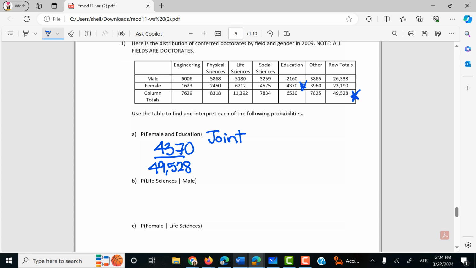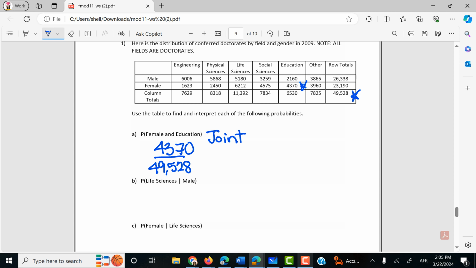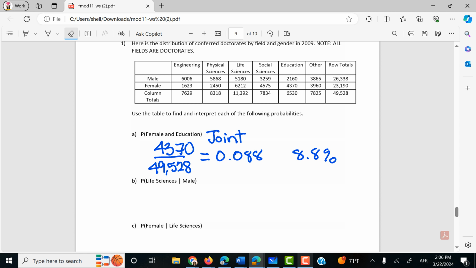That equals about 0.088. Multiplying that by 100, we get 8.8%. So the probability of someone from this study being female and choosing education as their doctorate is 8.8%.